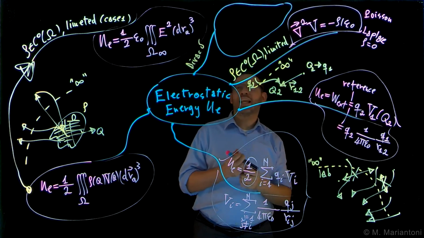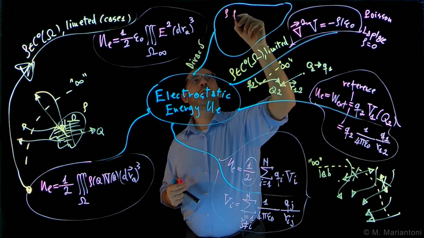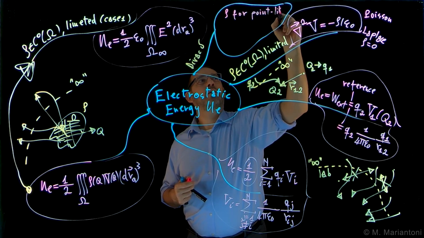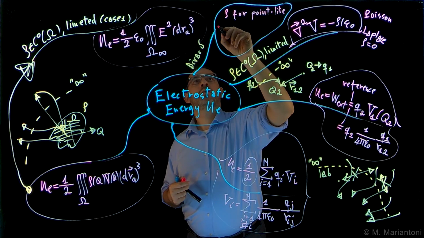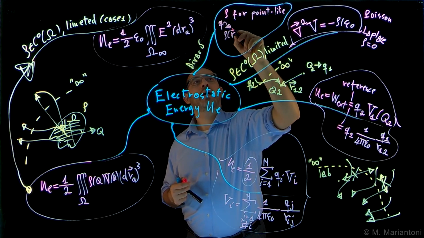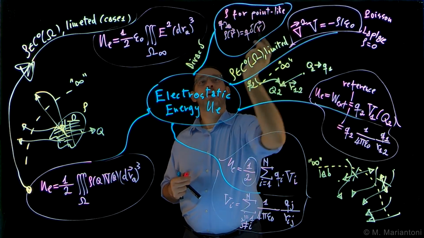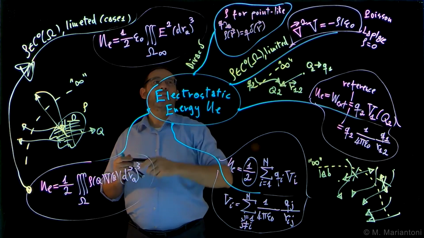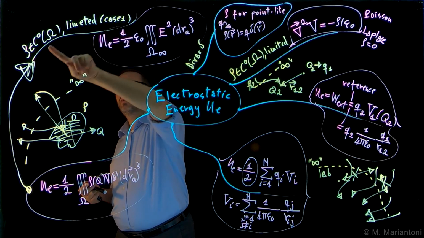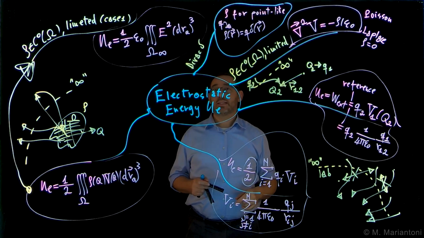This concept allows us to, for example, define a rho for a point-like particle, Q. So in this case, for Q, it follows that rho at any point r vector is equal to Q delta of r. And we use this concept to show that for a point-like particle, you cannot use this expression because we are not fulfilling this condition. Instead, we need to use this expression, which gives us an energy equal to 0.